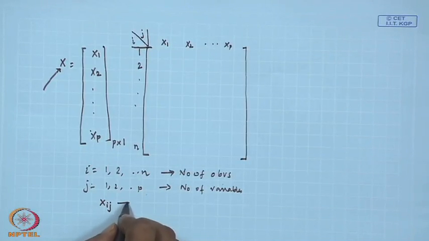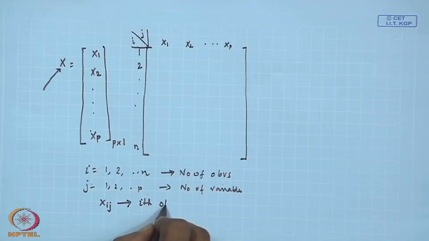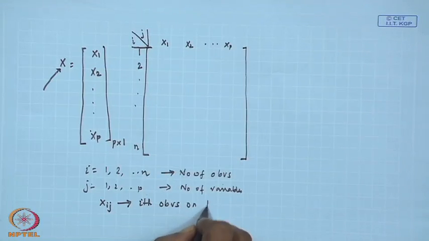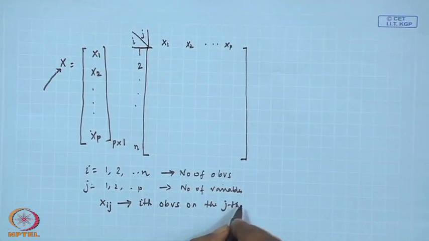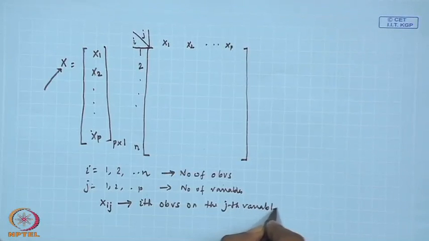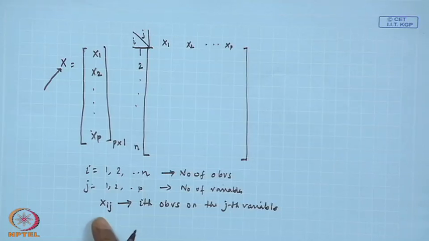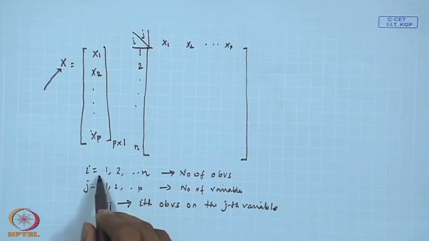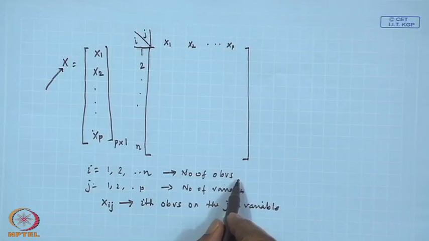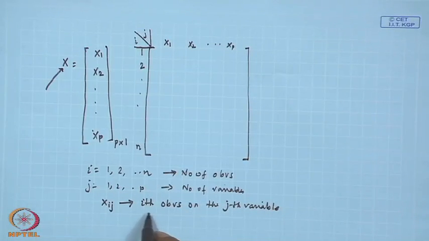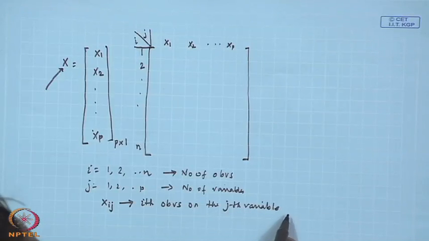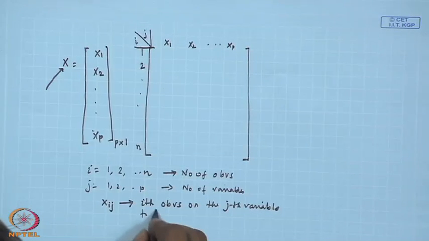What does it mean? x i j means that is the ith observation on the jth variable. That is why i stands for 1 to n, which is number of observations, j is 1 to p, number of variables, x i j, which is the ith observation on the jth variable to be collected.